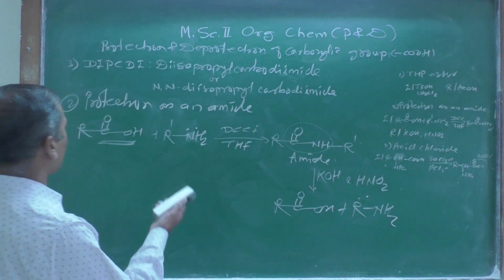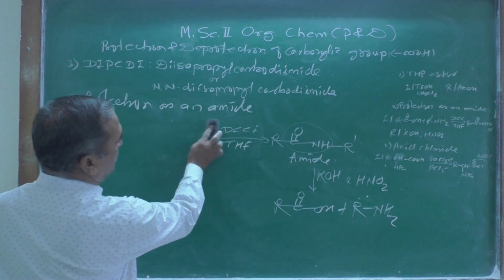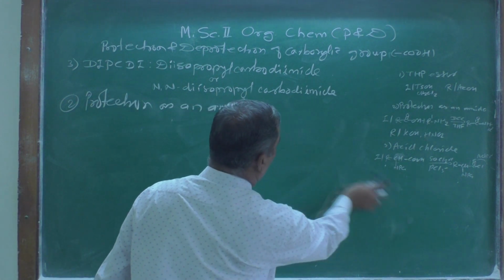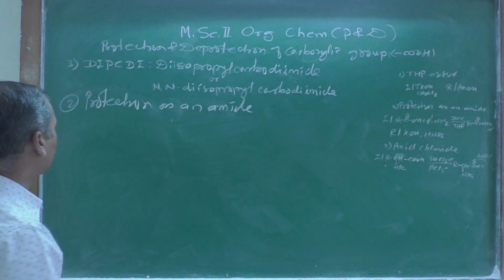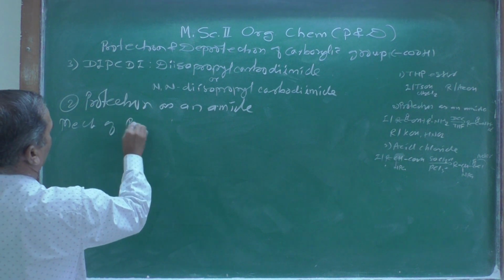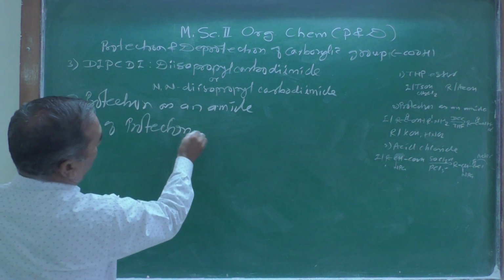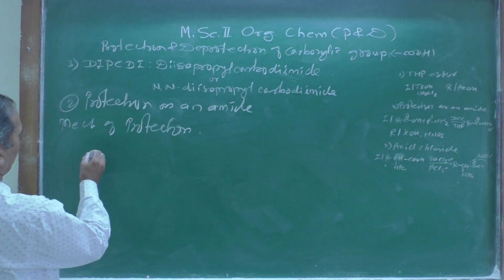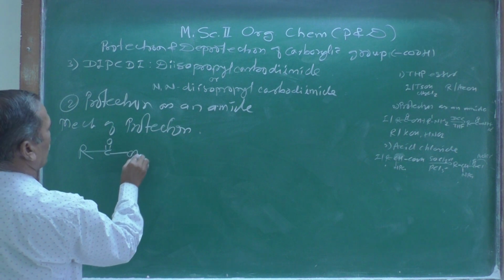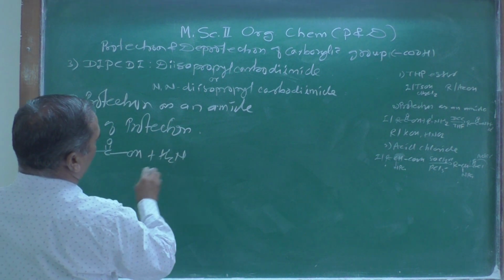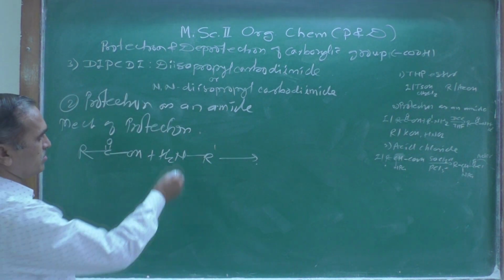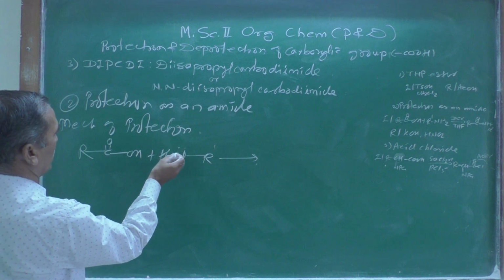Now let us look at how the mechanism takes place for protection as well as deprotection. First, the mechanism of protection of amide. See here, R C double bond O, OH, and H2N R dash for convenience.